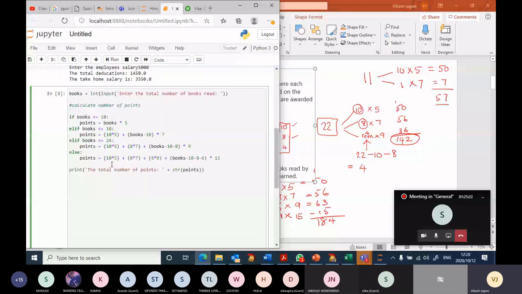So 10 books at 5 points, that's your 10 times 5, 50. 8 books at 7 points, that's the 56. 8 times 7 is 56. 6 books at 9 points, 6 times 9 is 63. And then 10 books minus 10 minus 8 minus 6, I get the remainder, and I'm multiplying it by 15.